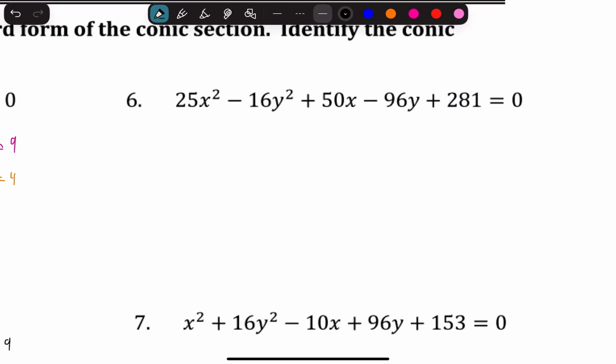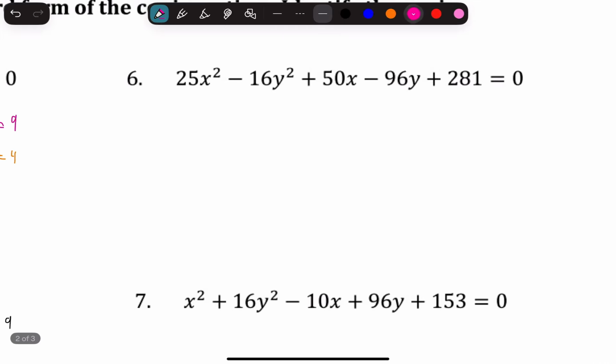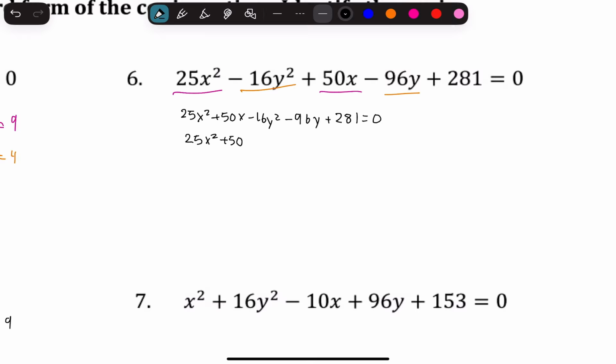We can do this problem. So what we can do is group the x and the y terms. Now you can move the constant. Now you can factor.